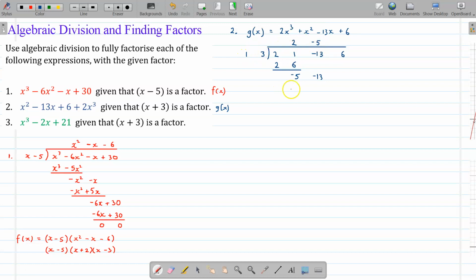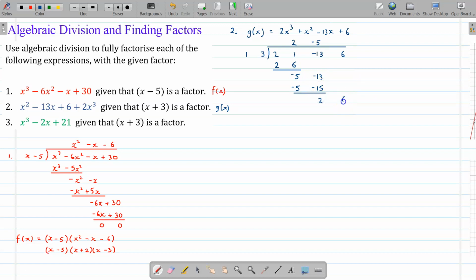Minus 5 times 1 is minus 5, and minus 5 times 3 is minus 15. Okay, do the subtraction to see what's left over. Well, I've got minus 13. Be very careful here, because it's minus 13 take away minus 15, which is the same as minus 13 plus 15, which is actually 2.